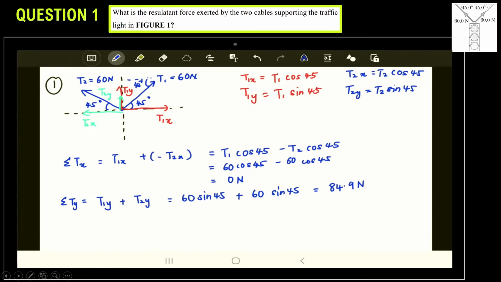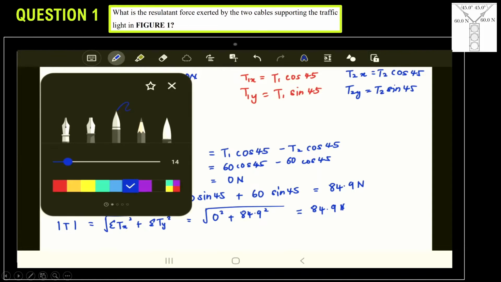Now we want to find the resultant force, or the resultant tension, by these two cables. Resultant T is equal to the square root of total Tx squared plus total Ty squared. We substitute all the values, plus 84.9 squared, and the answer should be 84.9 Newton.